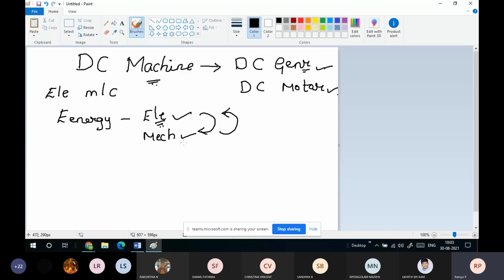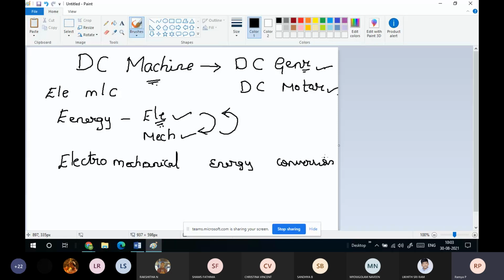This is nothing but an electrical machine. An electric machine can transfer energy from electrical to mechanical or from mechanical to electrical. Hence we can say that these machines are electromechanical energy conversion devices.